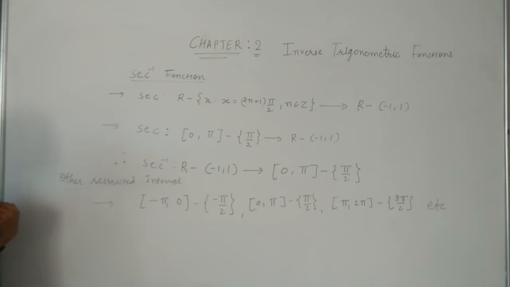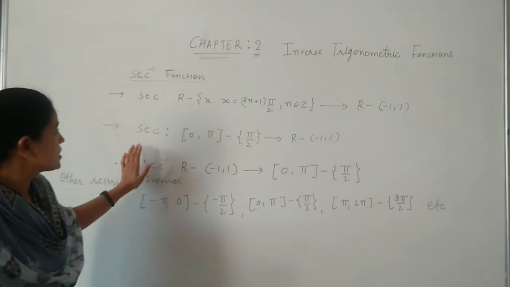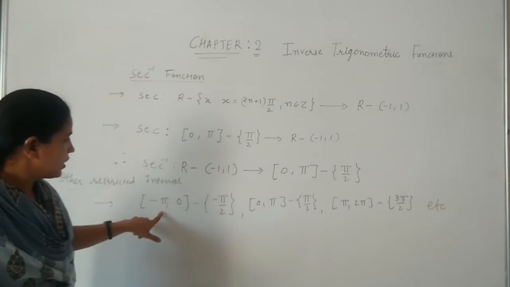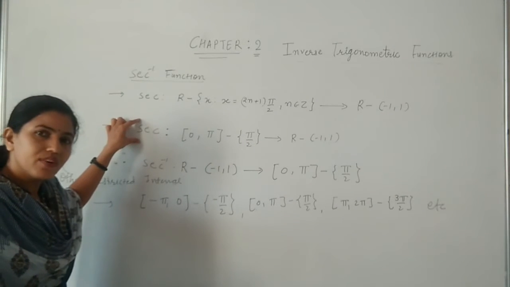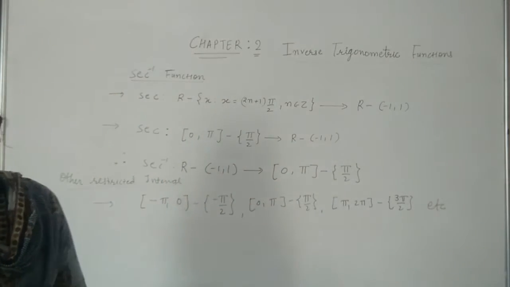Then minus 3 pi to minus 2 pi minus pi by 2. Like this you can define so many intervals. So these are the restricted or other domains of the sec function, and other ranges of the sec inverse function.